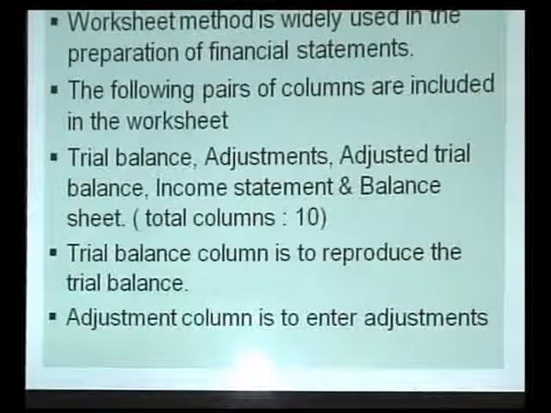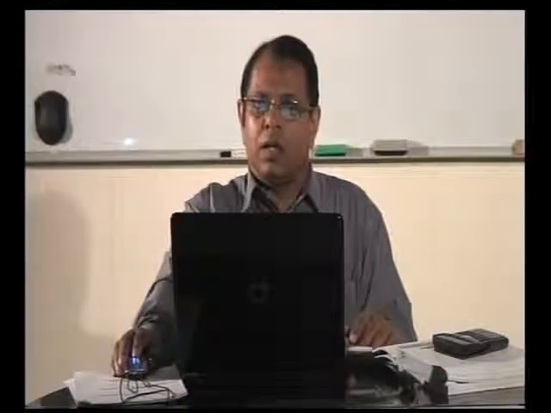The trial balance is reproduced in the worksheet, and then adjustments are made in the adjustments column, and then we incorporate adjustments to the original trial balance figures. Then you will get the adjusted trial balance figures.